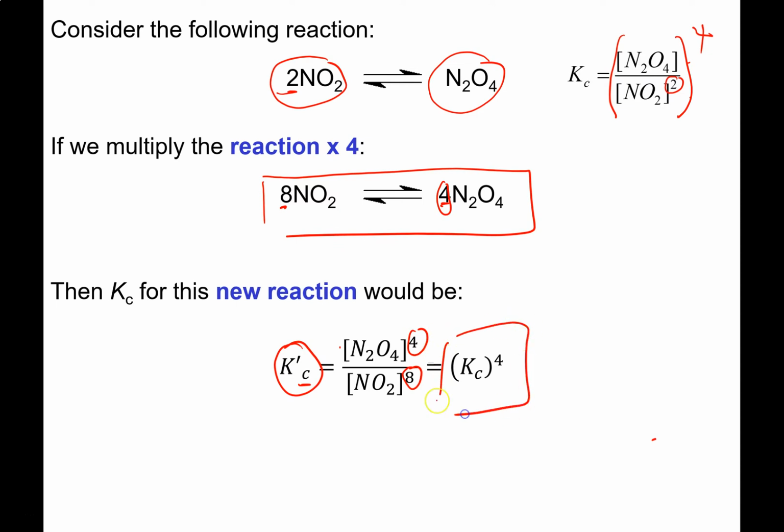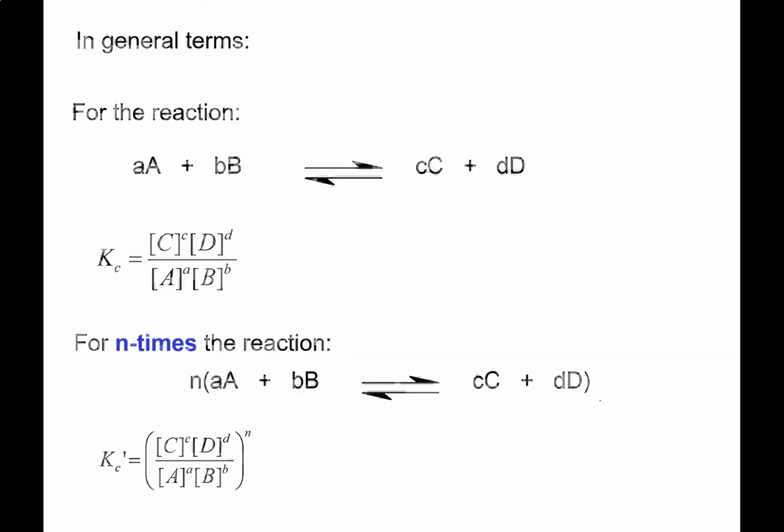So when I multiply my reaction by 4, I raise my equilibrium constant to the power of 4, and that's a general rule. If I multiply all the coefficients in my reaction by some number n, I'm going to raise the value of my equilibrium constant to the power of n.